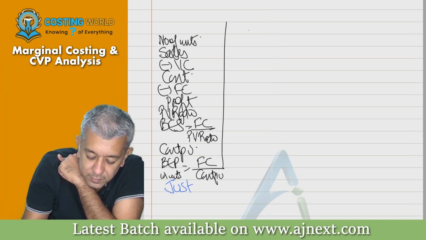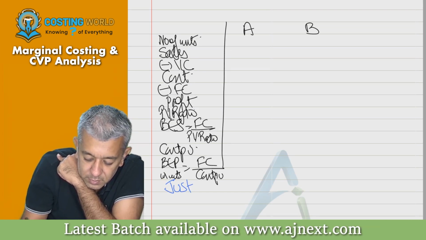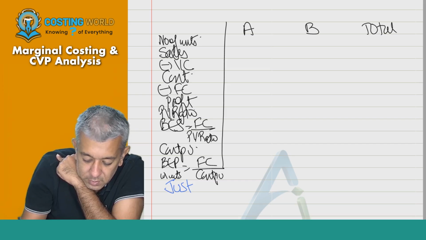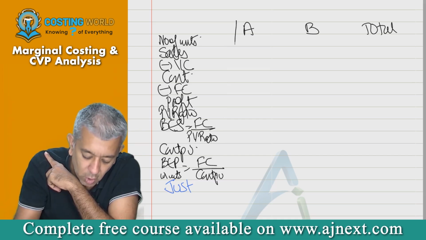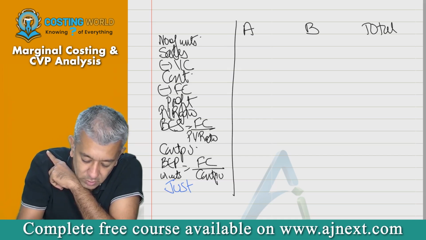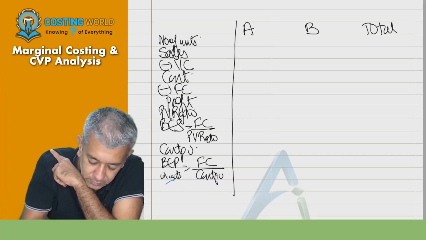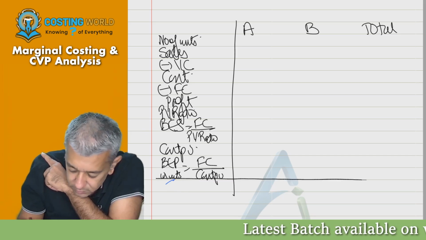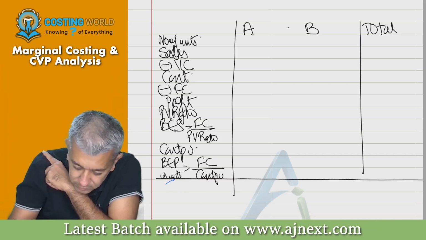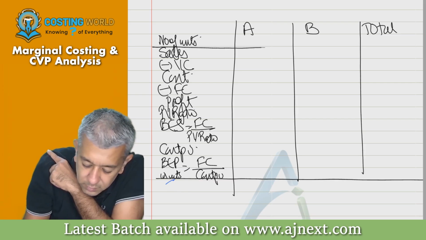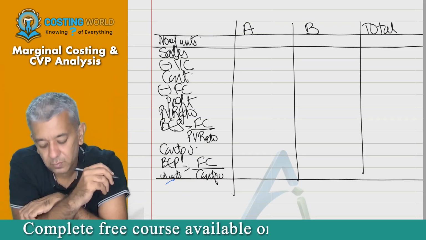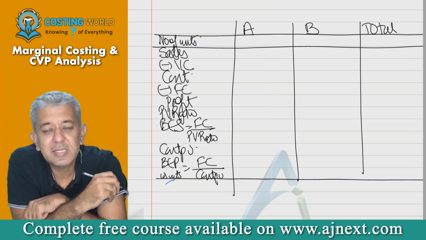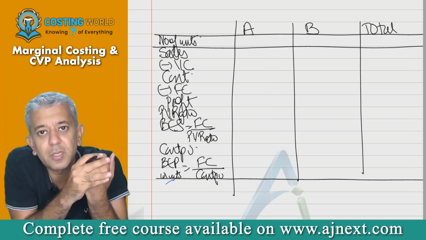Third, variable cost of each and every product remains constant. Fourth, sales mix of the company remains constant.